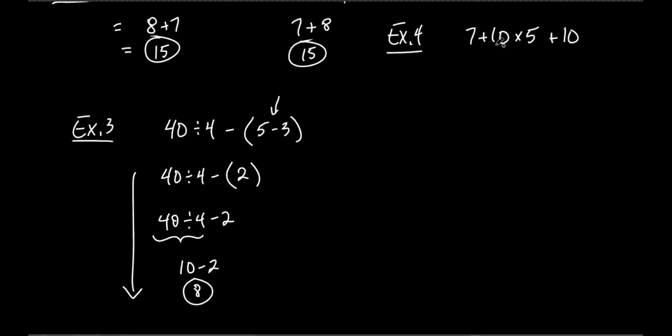Okay, but is that what we do? No. You look to see if there's any multiplication, and there is. There's this one right here. Okay, so we have to do that first. So I'm going to put 7 plus, what's that? 50 plus 10. And now we just add them up. 50 and 10 is 60, and 60 and 7 is 67.